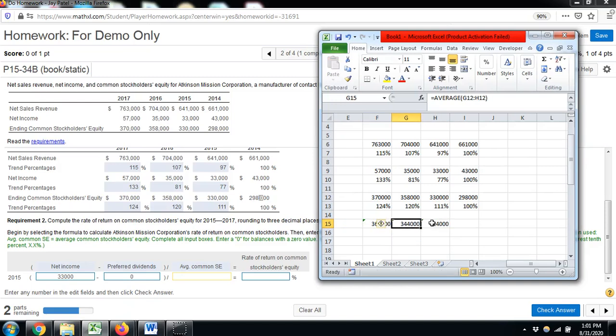So this is just taking the average of the 2 previous years. And again, just note, we can't compute the 2014 number because we need the 2013 shareholders' equity to figure that out. So that's why we're starting with 2015, because you need the previous year's number for stockholder equity to do this computation.